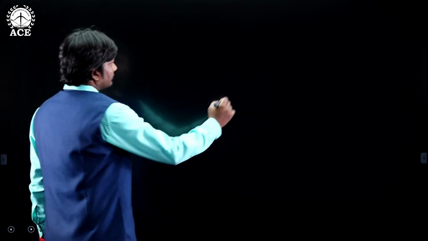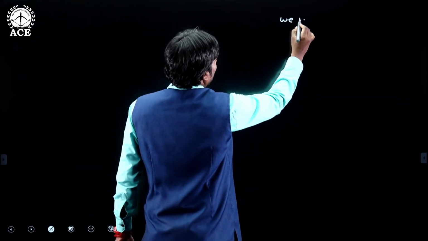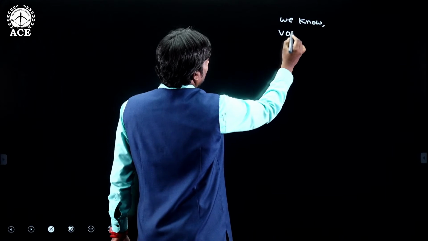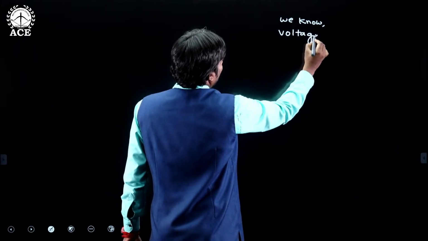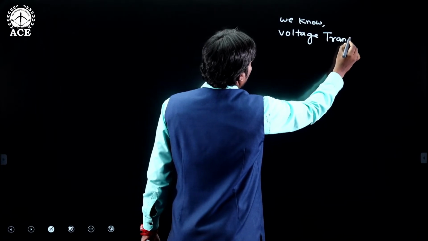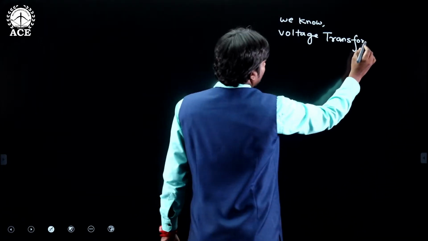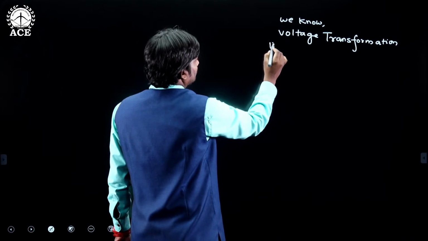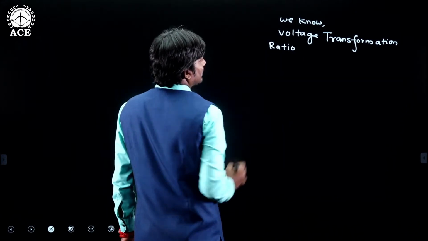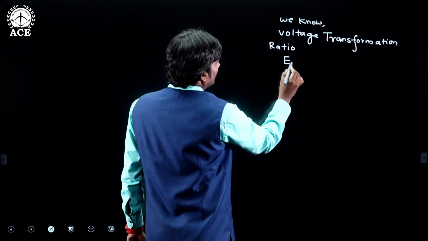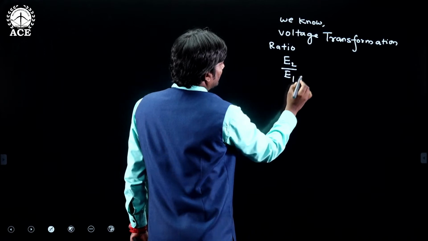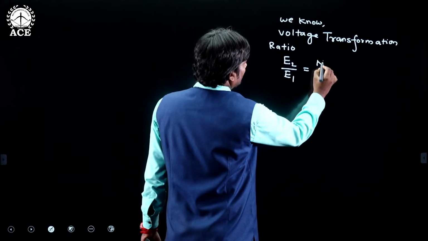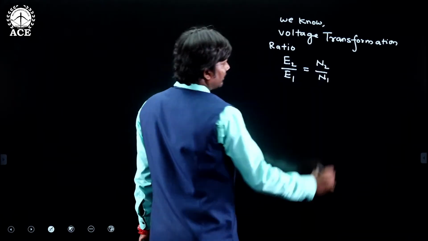So we know the voltage transformation ratio is nothing but E2 by E1 is equal to N2 by N1.